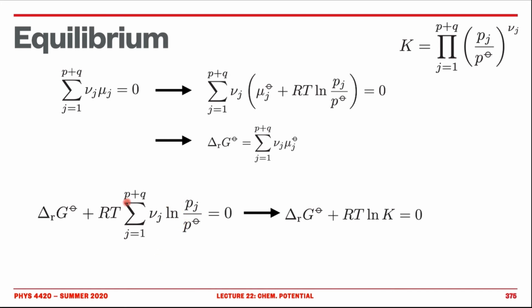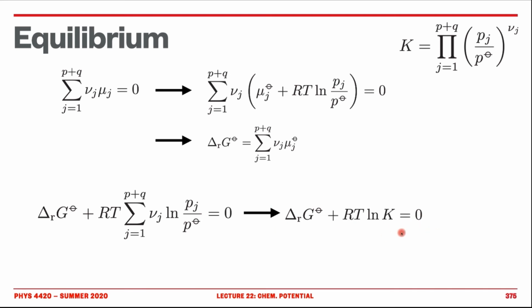This term here is nothing else than the logarithm of K. If you're not convinced, just work it out backward. The logarithm of a product is the sum of the logarithms, and the logarithm of this can take nu j outside like this. So this justifies a posteriori why we needed this exponent nu j. All right, nice. So this is very important because this is what's happening at equilibrium.